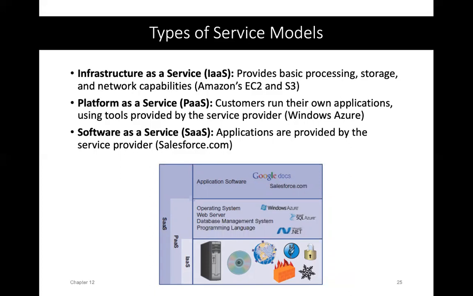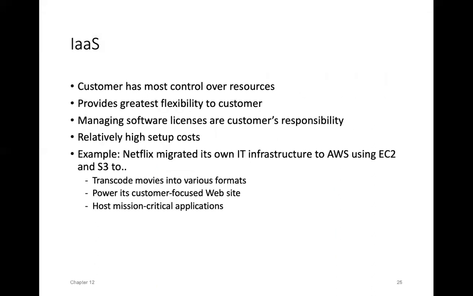So your customers will be able to run their own applications using tools provided by the service provider. So you'll get an operating system and so on and so forth, web server, DBMS, and so on and so forth. Or you can go for software as a service, where applications, the actual applications themselves, are provided by the service provider, such as Salesforce.com.